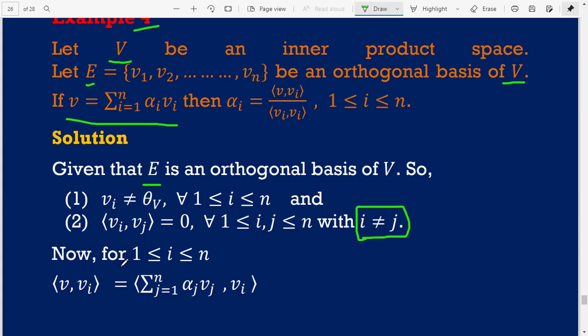Now for 1 ≤ i ≤ n, the inner product of v with vi is equal to the inner product of the summation j = 1 to n alpha j vj with vi.